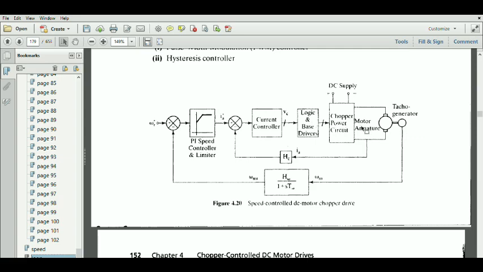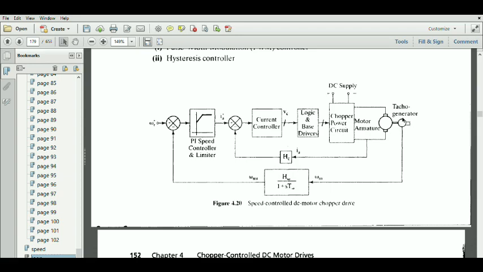Here you are taking the speed omega m from the tacho generator. So you are adding one more thing here, that is the tacho generator. This h omega divided by 1 plus s T omega is the transfer function of the tacho generator plus a filter.